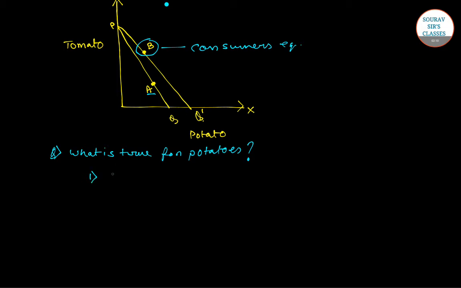There are basically 4 options given. Option 1 is that potato is a normal good. Option 2 is that it is an inferior good. Option 3 is that it is a Giffen good.